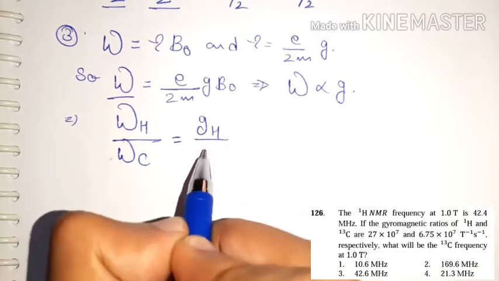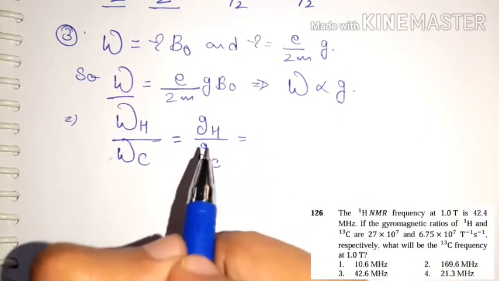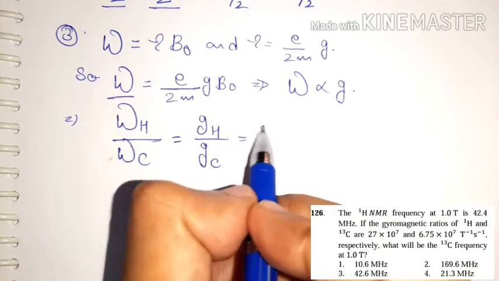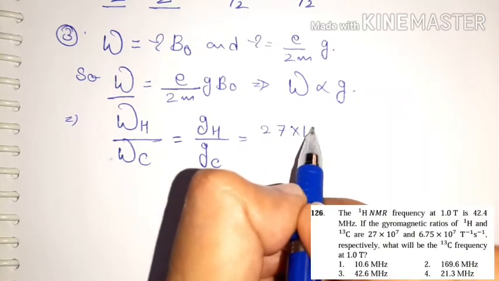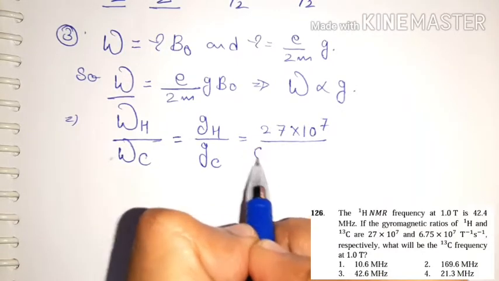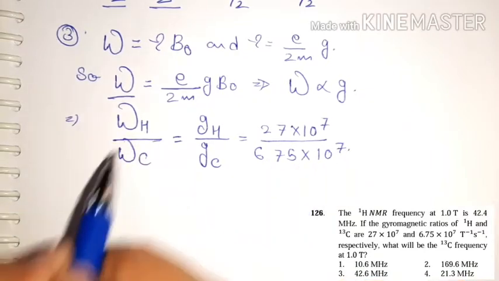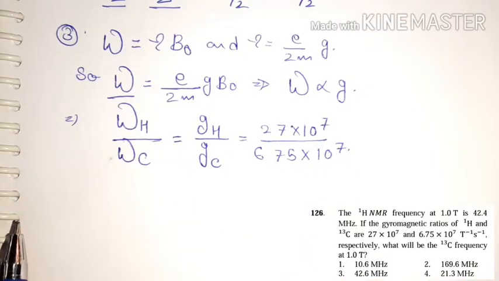The value of the gyromagnetic ratio of hydrogen is 27 into 10 to the power 7, upon 6.75 into 10 to the power 7 for carbon.